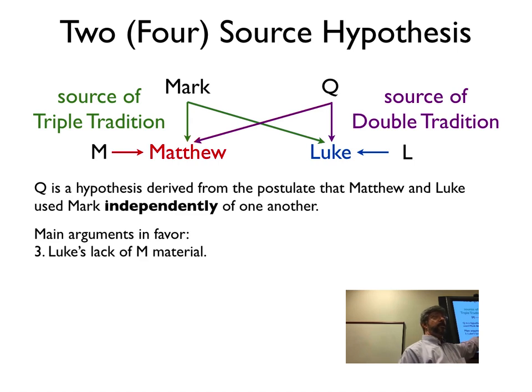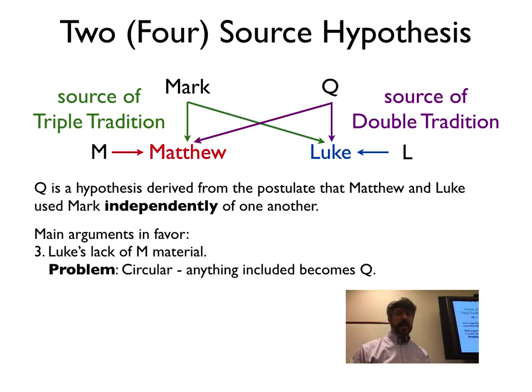So anytime Luke would take something from Matthew, by definition, it becomes Q. So this is kind of a circular argument. Anything that's included becomes Q, and so you could never have him taking stuff from M material such that it wouldn't become Q.